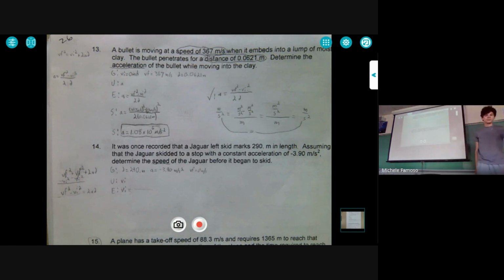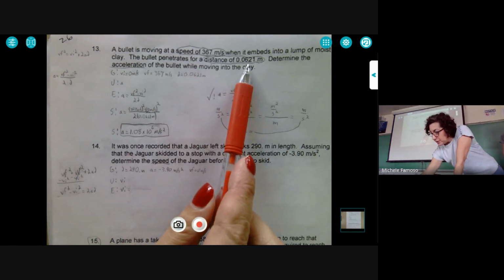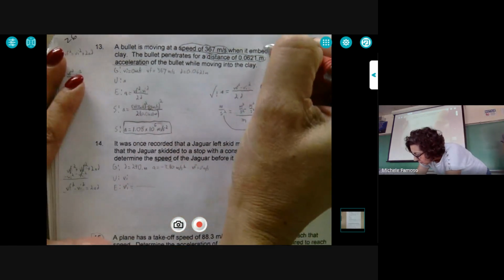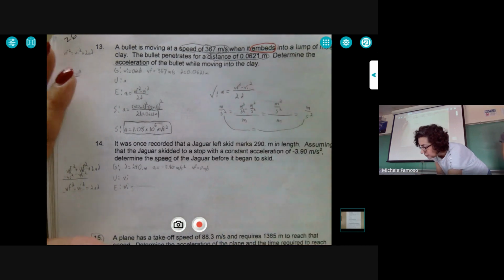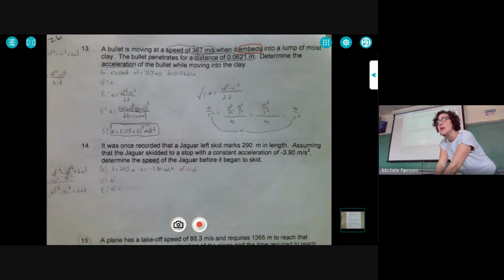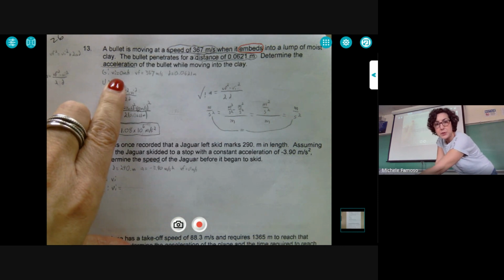Okay, so he's got his 367 meters per second circled, the 0.0621 meters. And the other thing I would circle is this word: embeds itself. It's embedding. What does it mean when something gets embedded into something else? Gets stuck there, which means it stops. So his VI is 0 meters per second, not the VI.